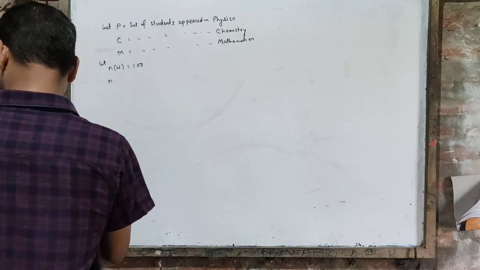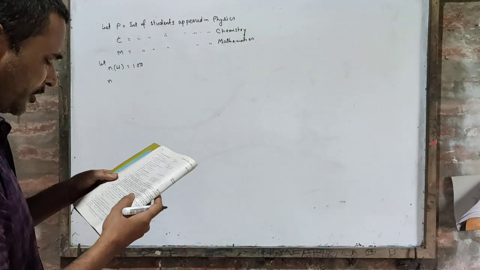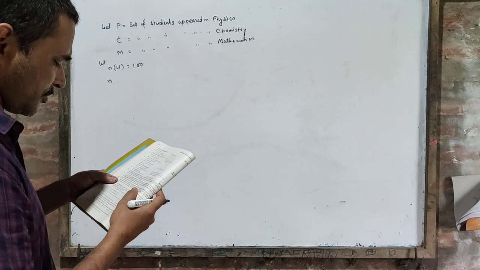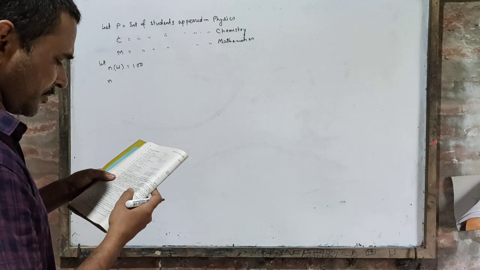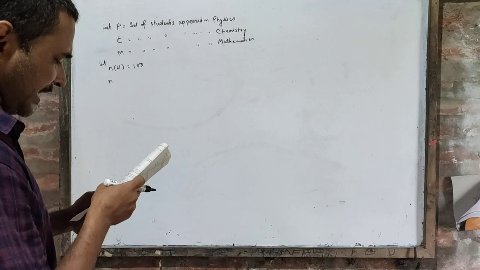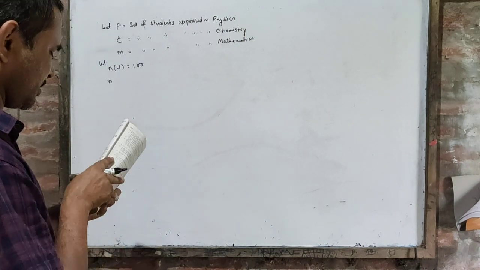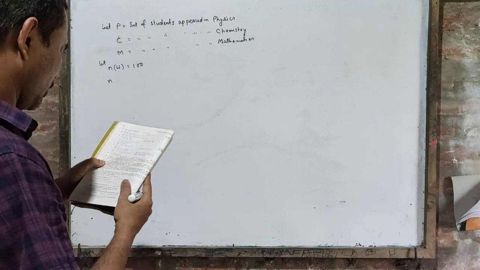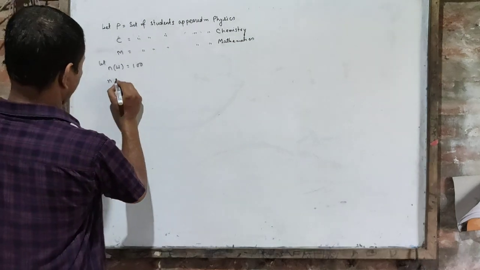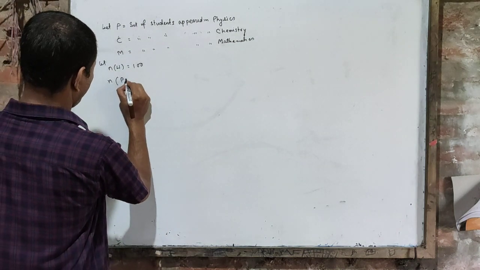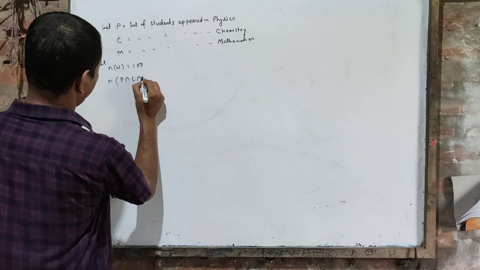Now what is given? There are 100 students in an examination who appeared in physics, chemistry, mathematics. 10% passed in all the three subjects. In all subjects, that means he has passed in physics, in chemistry, and in maths also.